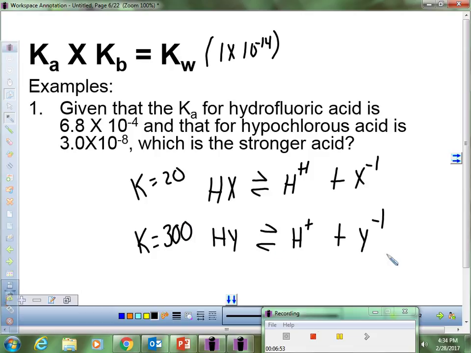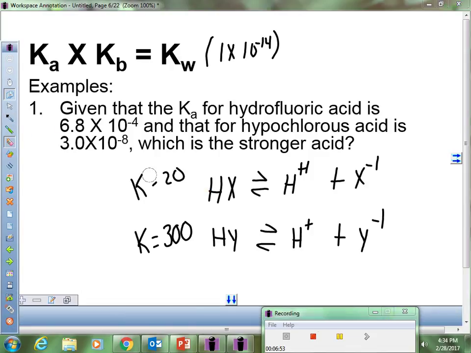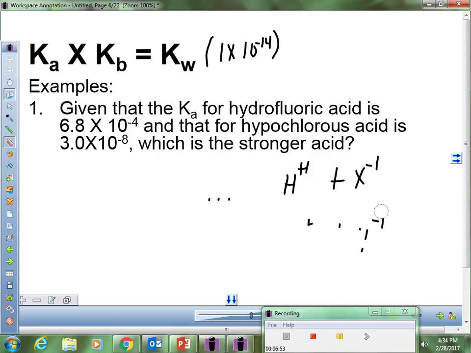Well, this one's favoring breaking up more than this one's favoring breaking up because it's a larger K. So you can actually tell which acid is stronger by looking at the larger K value.